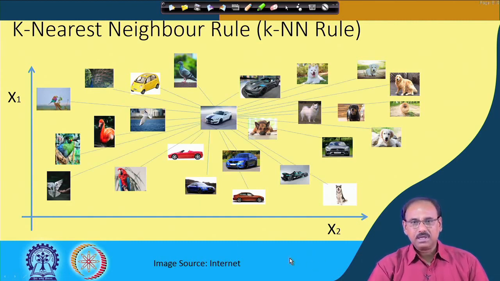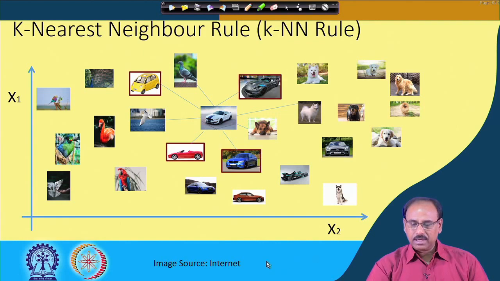I compute the distances from all the known images, and out of that I consider only k number of images which are nearest. And then among these k images, I compute a vote, that is, whichever class of images is in majority in that k number of images, I classify this unknown image to that corresponding class.